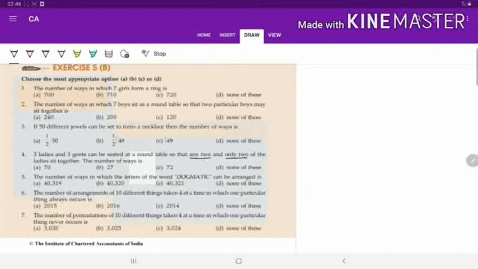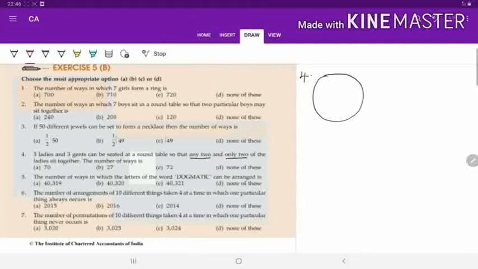Let's discuss the fourth question. 3 ladies and 3 gents can be seated at a round table so that any 2 and only 2 of the ladies sit together. The number of ways is. Here we are given that 3 gents and 3 ladies are sitting at a round table.